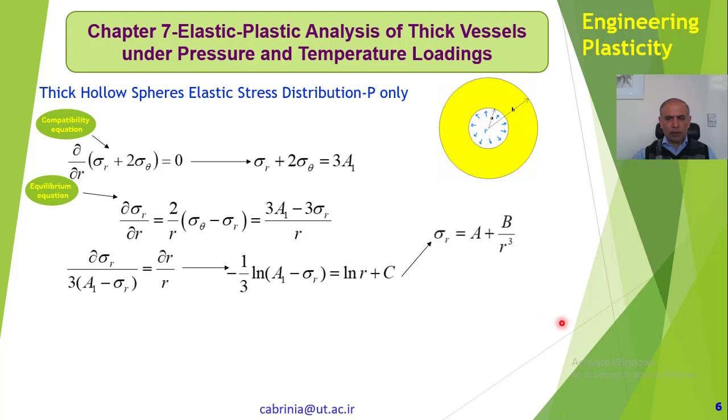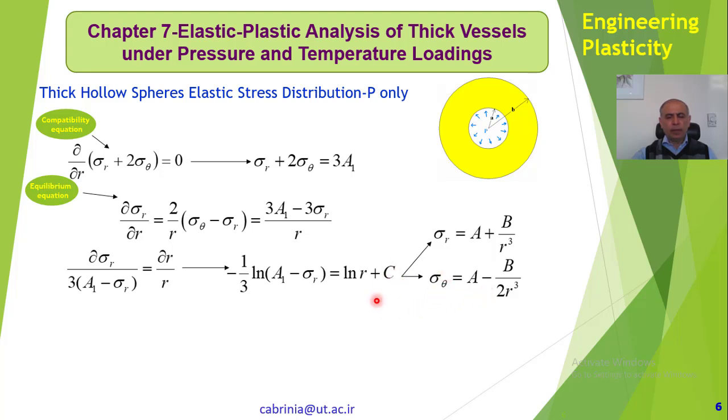Therefore sigma r is obtained here and is equal to a plus b over r cubed, and with sigma r we can substitute there and get sigma theta as well. See here, I have written a and b because here I had constants a1 and c, so when I integrate I get new constants. That's why I have written it as a and b.